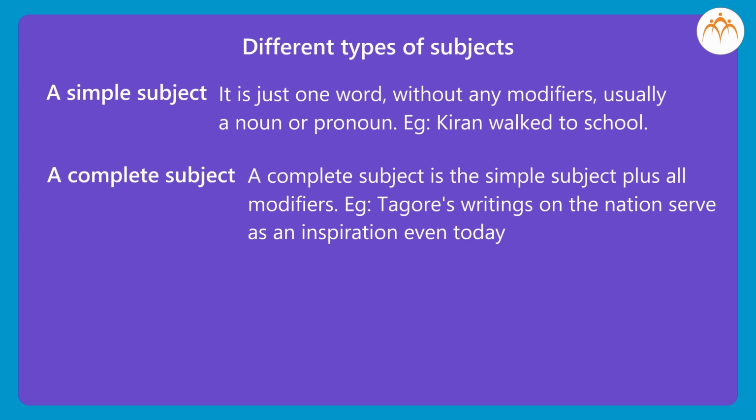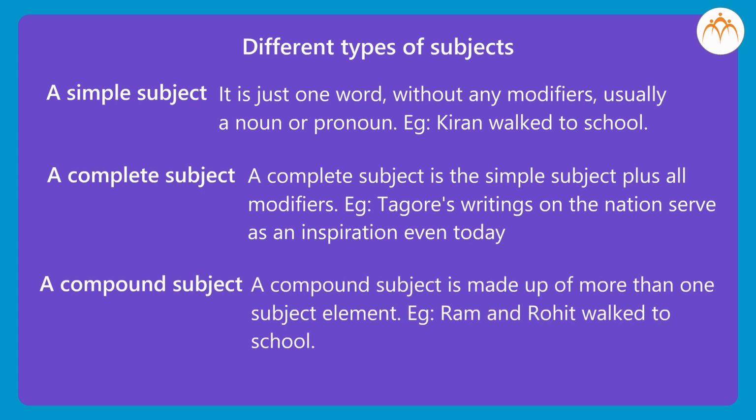Example, Tagore's writing on the nation serves as an inspiration even today. A compound subject. A compound subject is made up of more than one subject element. Example, Ram and Rohit walked to school.